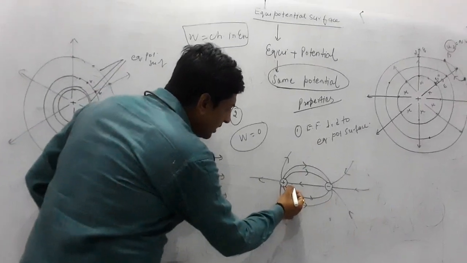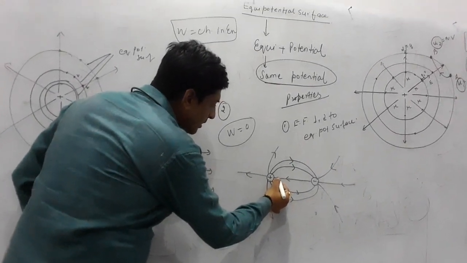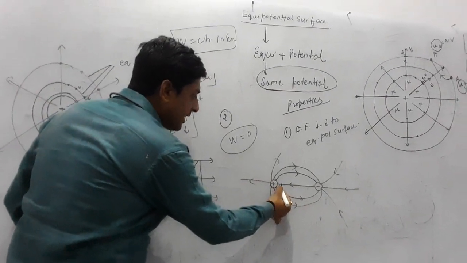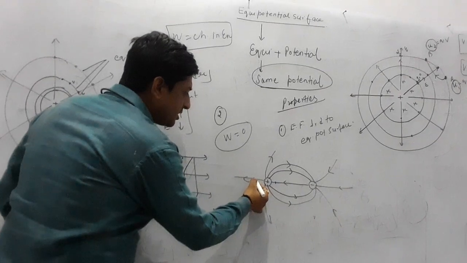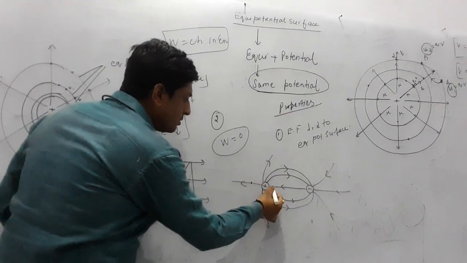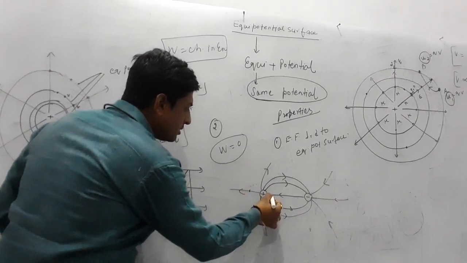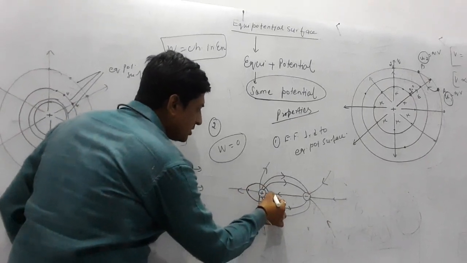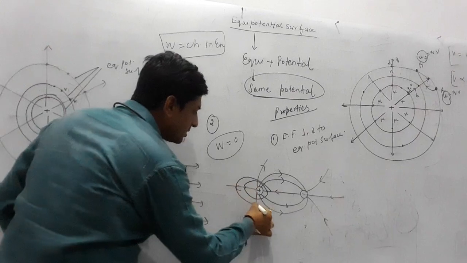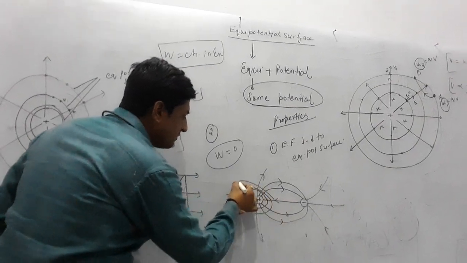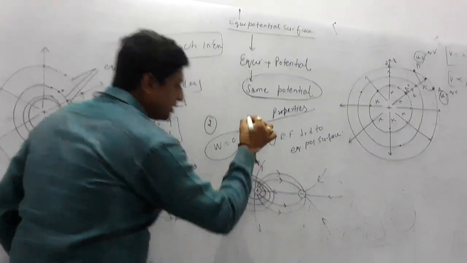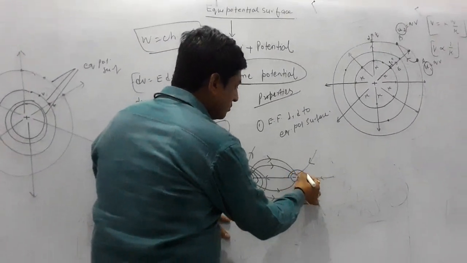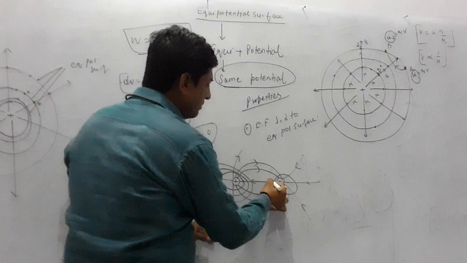So if we are getting this point at some potential, then whatever potential we get at this much distance, here the distance should increase. So if you draw the locus, you will get this type of shape of equipotential surface. In this way, around the positive charge, you will get this type of equipotential surface. Same for the negative also.